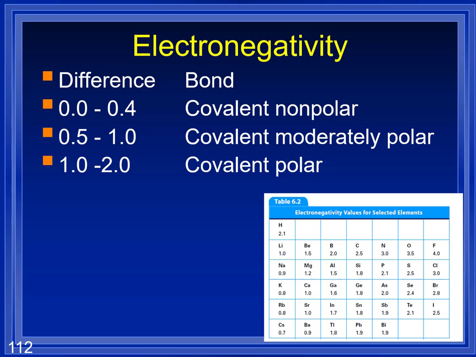So really, anything between 0.5 and 2 is polar. Just the bigger the number, the more polar it is. They did this just to say you can be a little bit polar or you can be more polar.